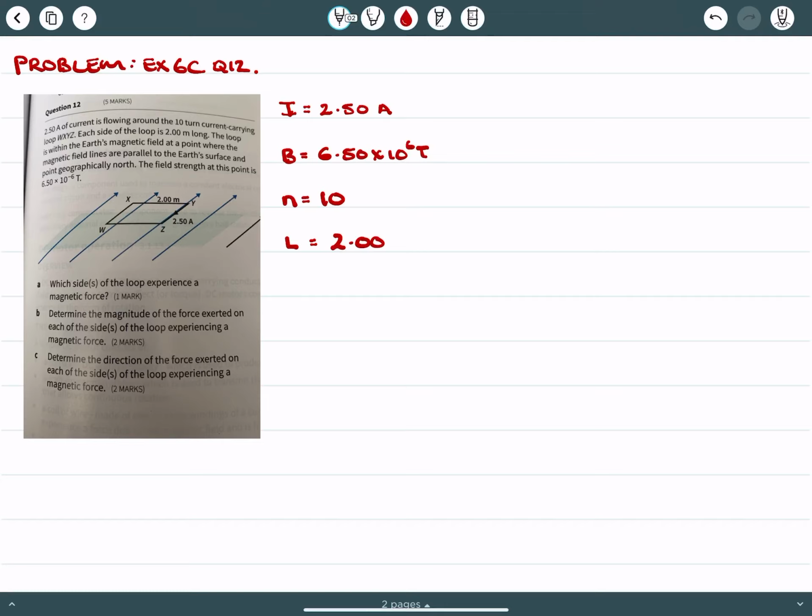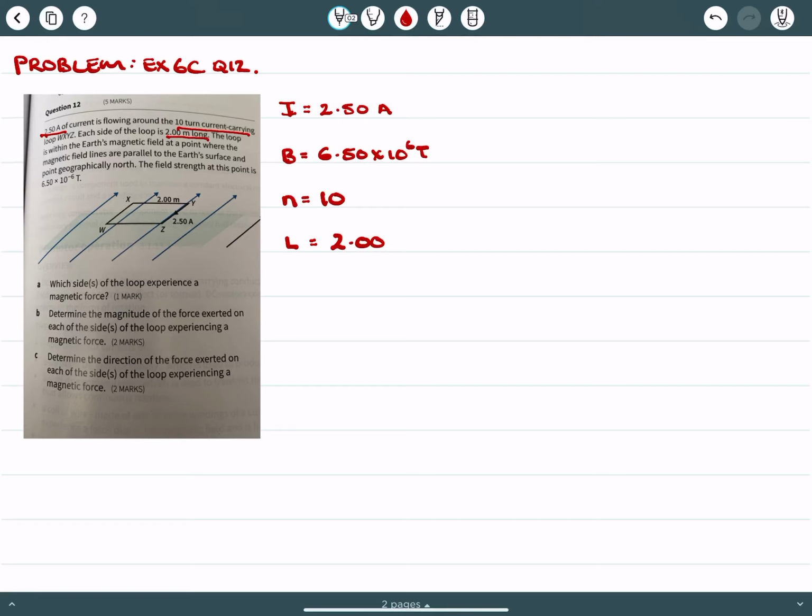We have a lot of information here, so I'm going to read a couple of items from the question and then go through each part. It says a 2.5 amp current, we've already got that down. A 10 turn current carrying wire, expressed as WXYZ. Each side is 2 meters long.